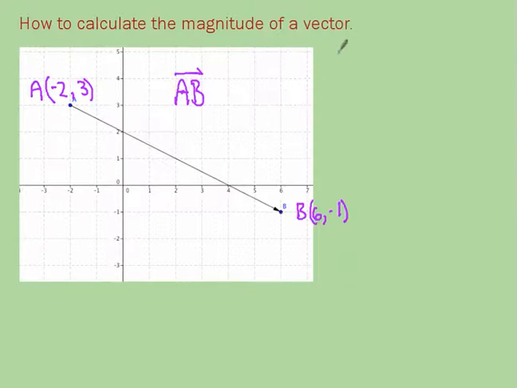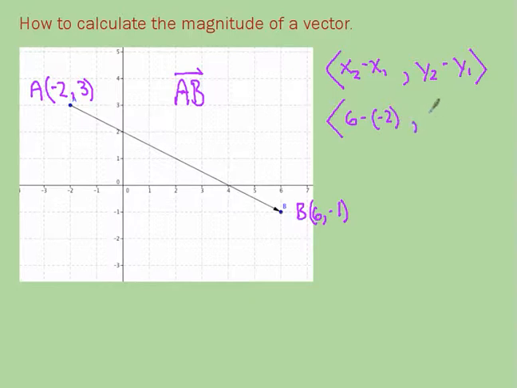If I was going to write this vector in component form, remember our formula is x2 minus x1, comma, y2 minus y1. x2, y2 refers to our terminal point, whereas x1, y1 refers to our initial point. Now I'm just going to substitute our values: x2, 6 minus x1, -2, and y2 minus y1.